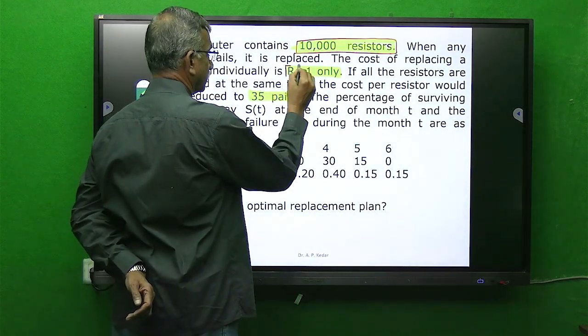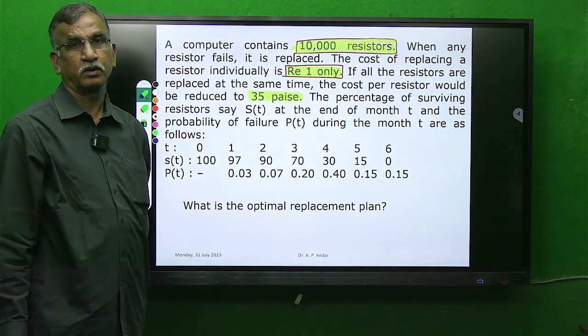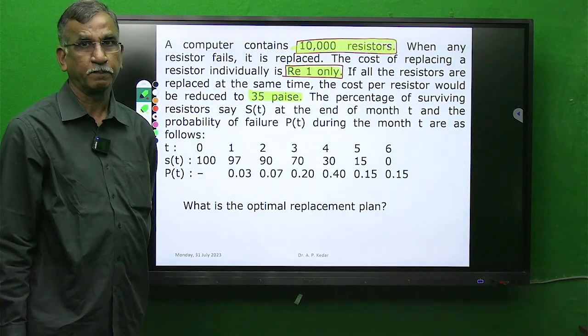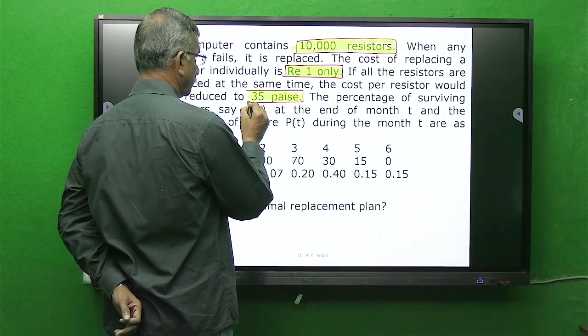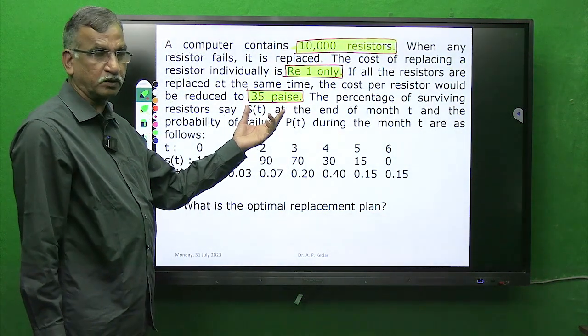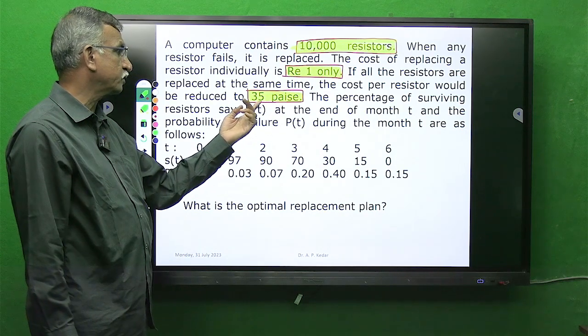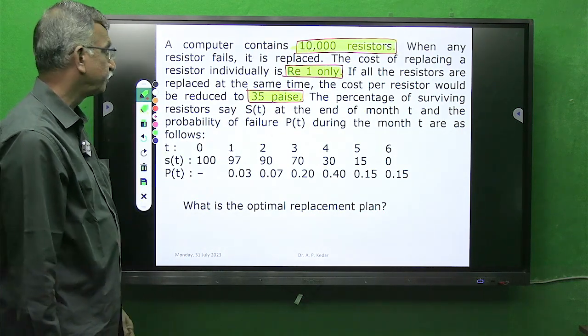Here it is rupees 1 for replacing a register individually, and here it is as good as 1/3 price, that is 35 paise, if you replace all registers in a group.